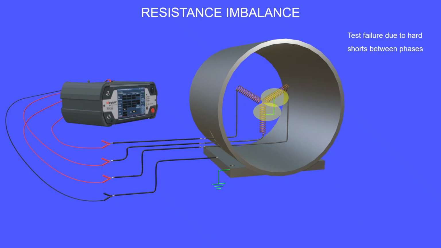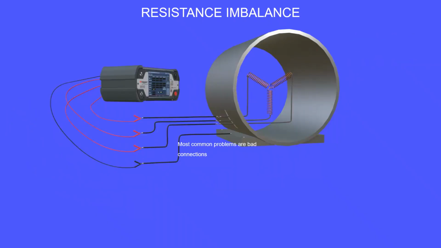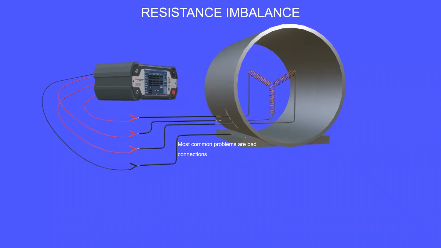Another issue is hard shorts between phases. Also, the motor shop may have used different gauge wire between phases, or misconnections. The most common problem found with resistance imbalance testing is loose connection.